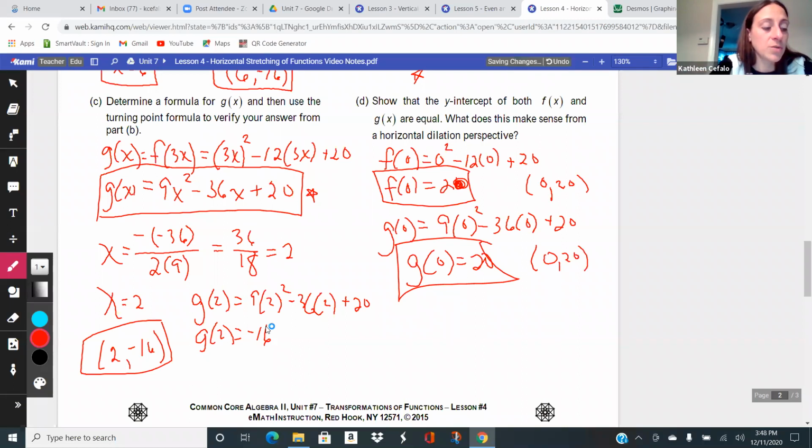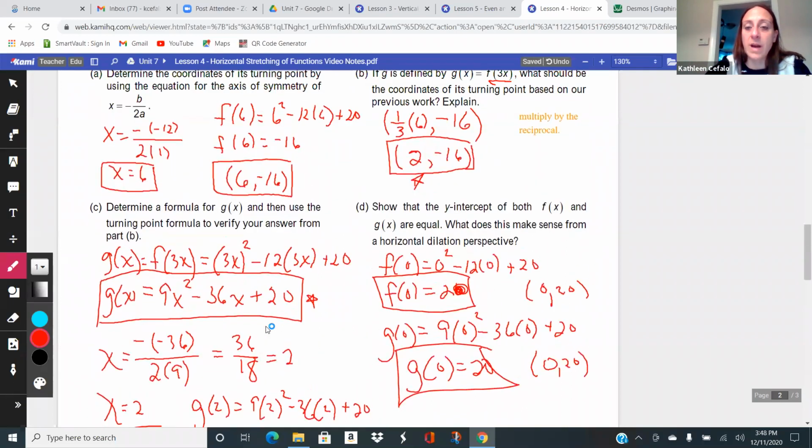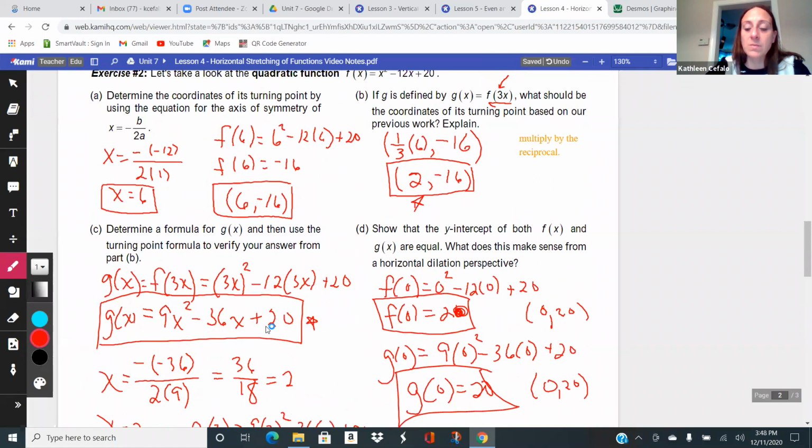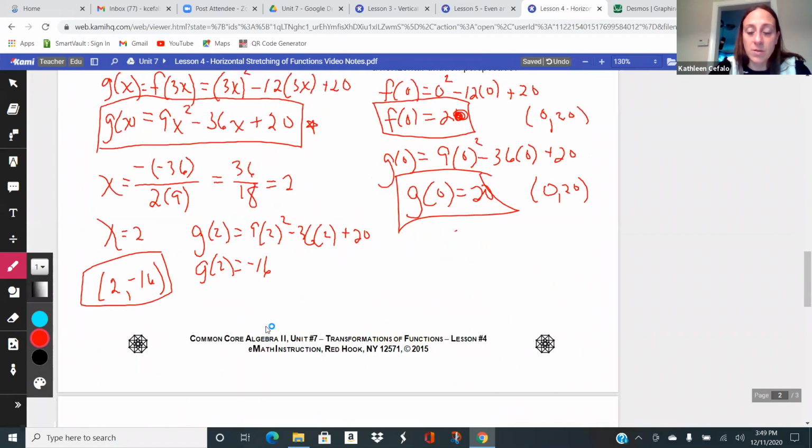If I were to change this according to the transformation that we had back up above, I should be taking that 0 and multiplying it by 1/3 or dividing it by 3. 0 divided by 3 is 0. It's not going to change. So your x coordinates aren't going to be affected.